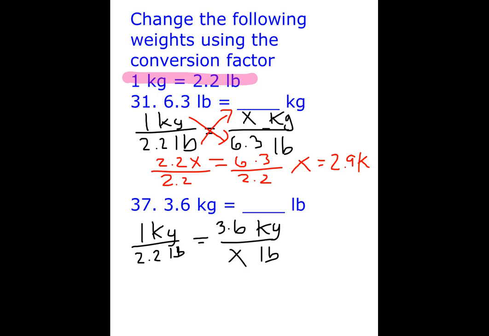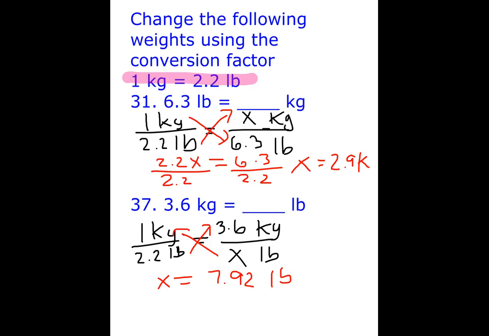So same thing, cross multiply. 1 times x is equal to x. 2.2 times 3.6 is equal to 7.92. And again, I'm just putting that into my calculator. And that will be the value of pounds. So that gives me my answer.